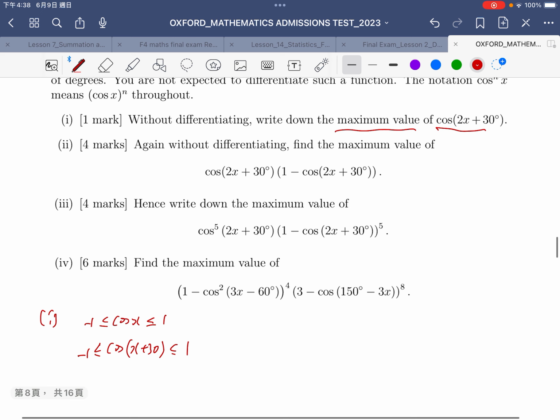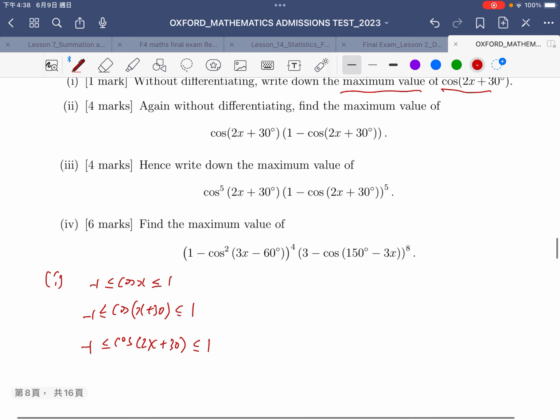Also, multiplying x by 2 means reducing along the x-axis by a factor of 2, but the value is still between 1 and -1, and therefore the maximum is equal to 1.